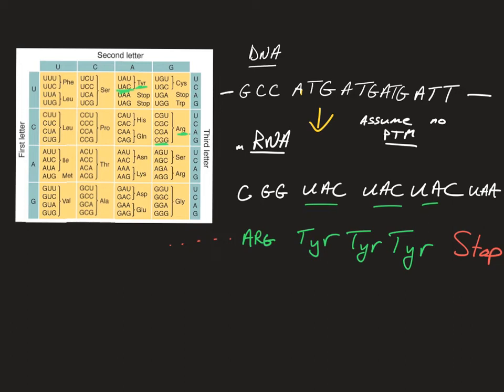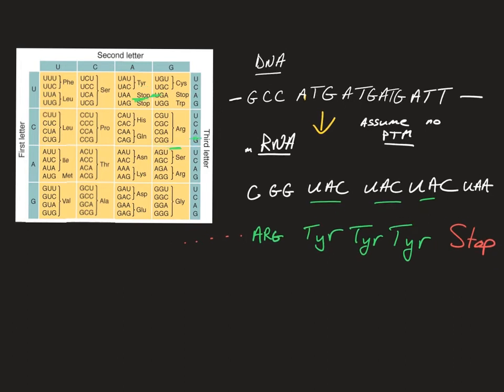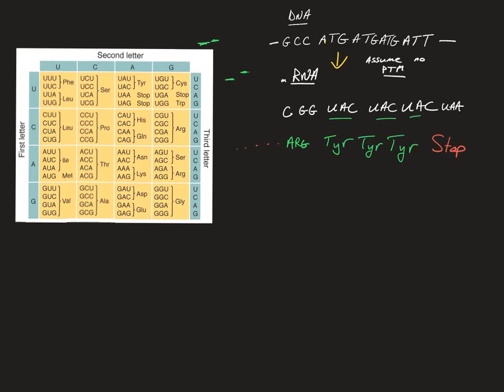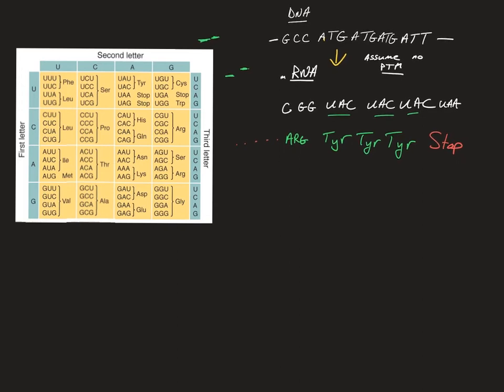So what if we have a mutation? What if we have a mutation right here? Can you see that? Is that dark enough for you to see?